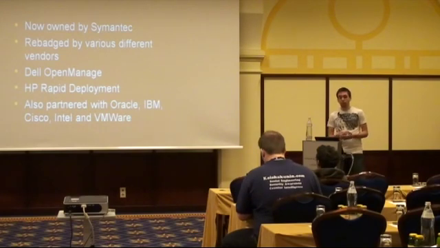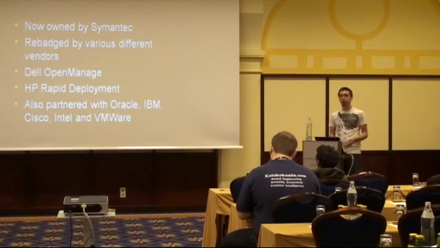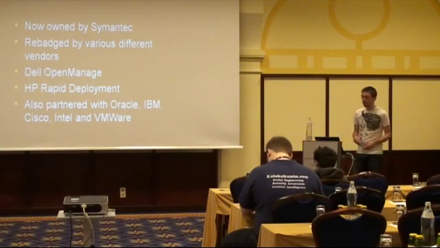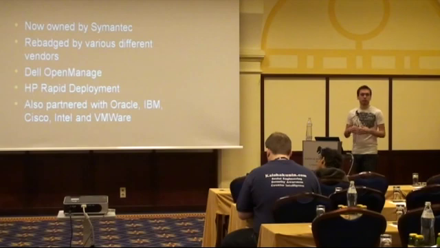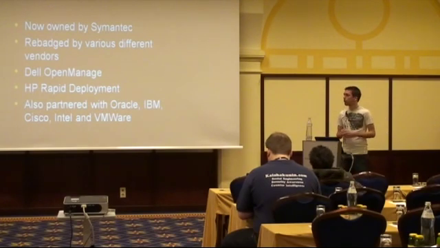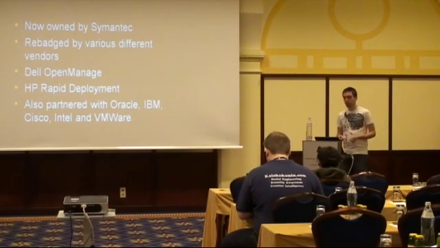They're partnered with other major software vendors. For example, HP Rapid Deployment is all based on Altiris, as, I believe, is Dell OpenManage. Now that they're owned by Symantec, Symantec have been pushing the software a bit more and trying to build further relationships, so they're also partnered with Oracle, IBM, Cisco, Intel, VMware, and so forth.